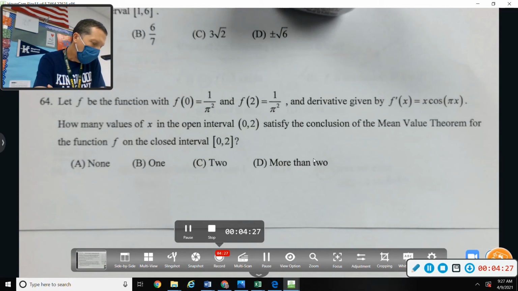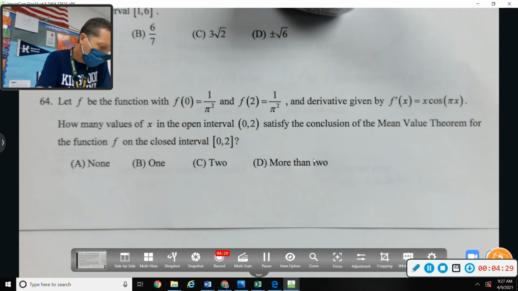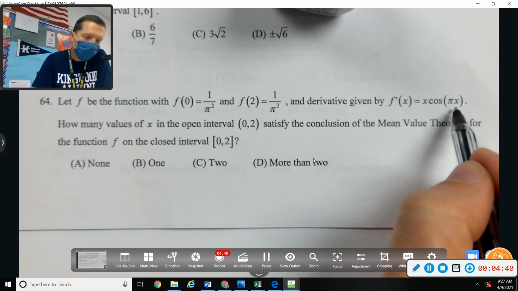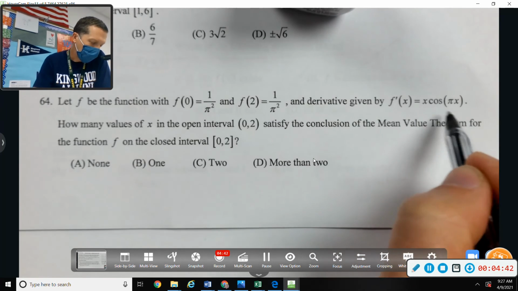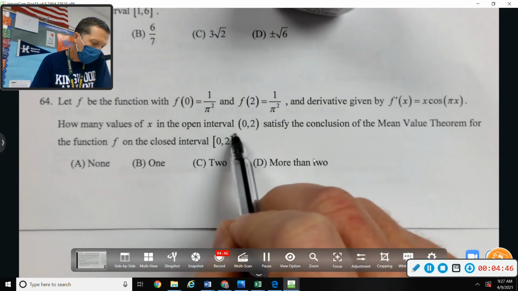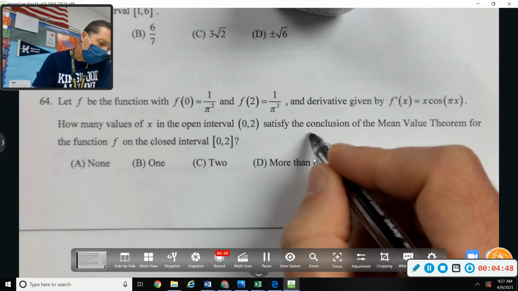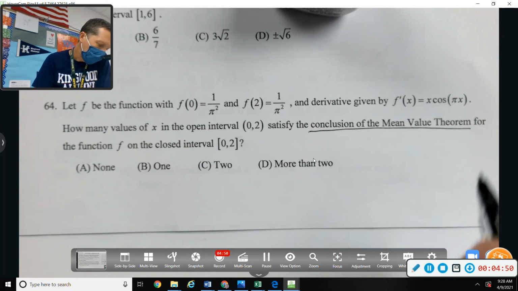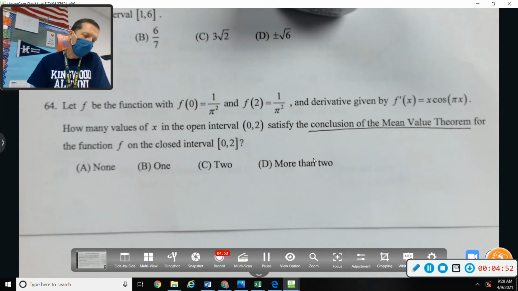So number 64, let the function f with f of 0 equals 1 over pi squared, f of 2 equals 1 over pi squared, and derivative given by that function. Okay, that is the derivative, so I may not have to take a derivative. They're giving me one. How many values of x in the open interval 0 to 2 satisfy the conclusion of the mean value theorem on 0 to 2?